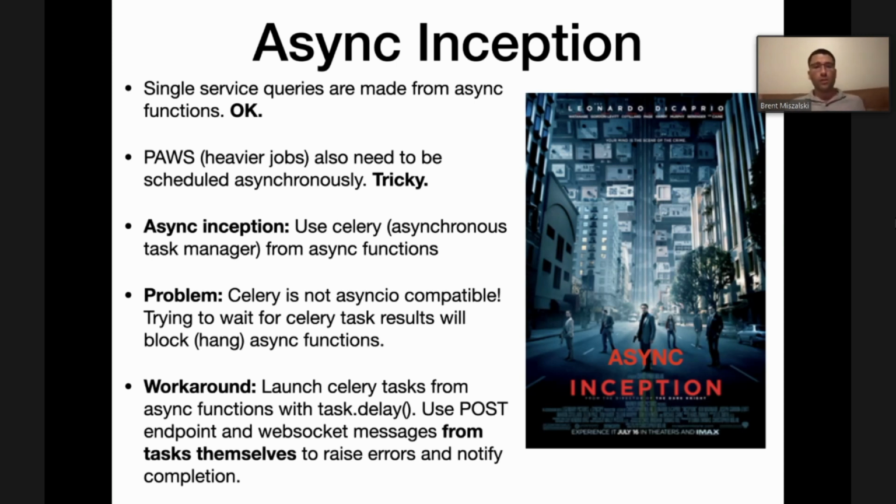So the workaround we use is to launch Celery tasks from asynchronous functions using task.delay. And that runs off in the background. From the task, we can post to an endpoint that we've set up using WebSocket, and then use WebSocket messages to raise errors and notify on completion.